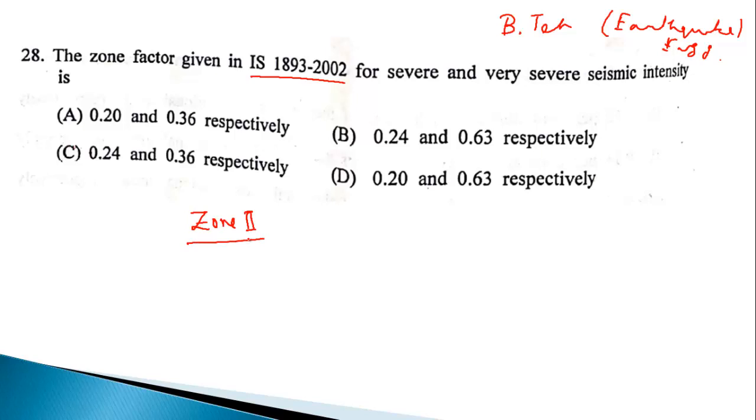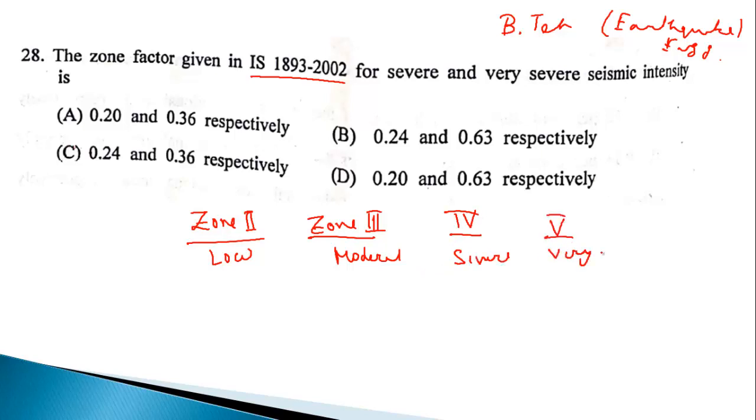Starting with zone 2, because there is no zone 1, zone 1 and zone 2 have merged, it's for low. Zone 3 is for moderate, 4 is for severe, and 5 is for very severe. Guwahati, Assam comes in the very severe zone of earthquake.